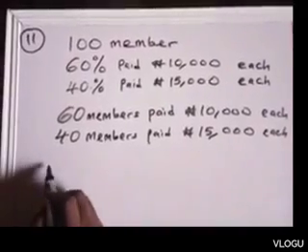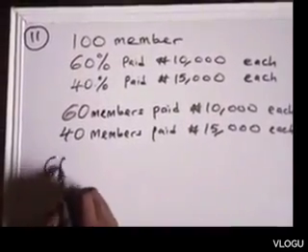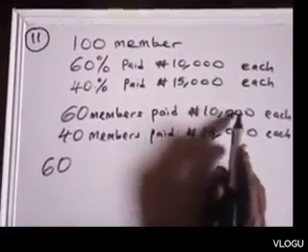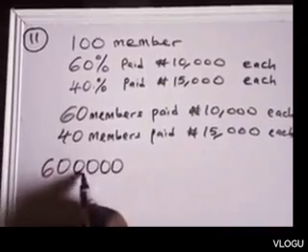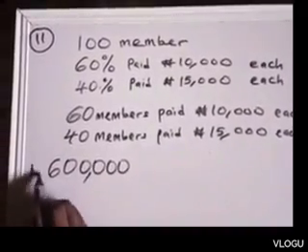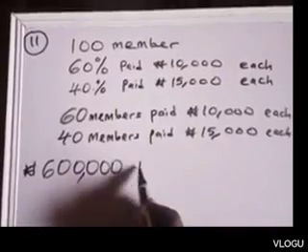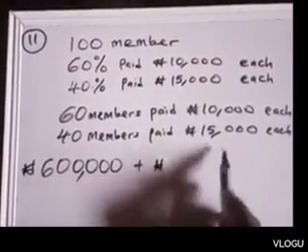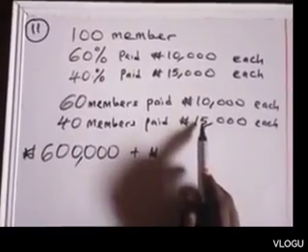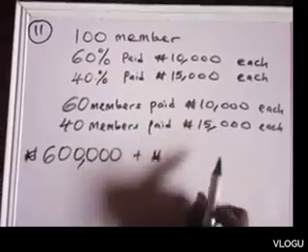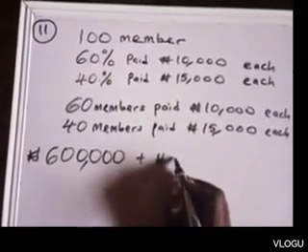We're going to have 600,000 naira, plus, if you multiply 40 by 15,000, also we're going to have 600,000.